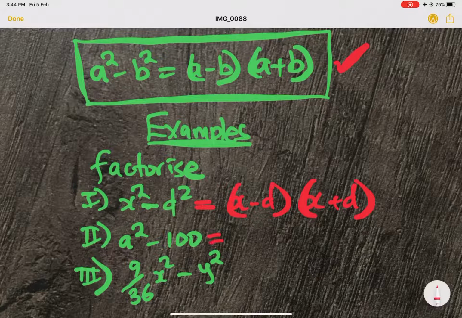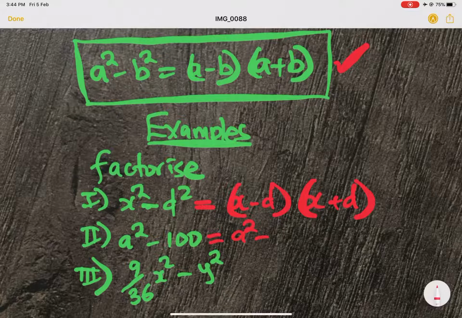Then the second one, we have a squared minus 100. So we have a squared minus, we need to express 100 as a square. Okay, remember it's difference of two squares.